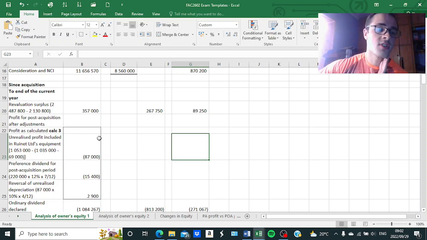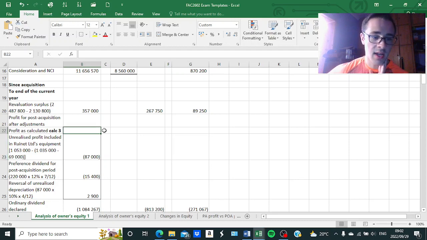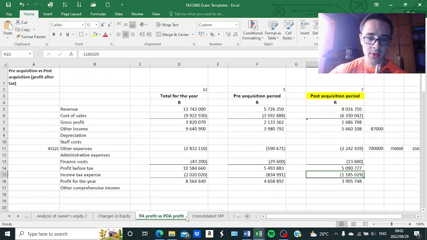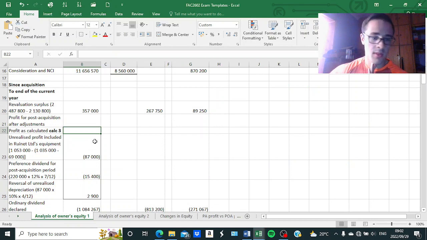So we first had to calculate the profit for the post-acquisition period, and according to calculation 3, that amounted to 3,905,748. This is for the post-acquisition period.